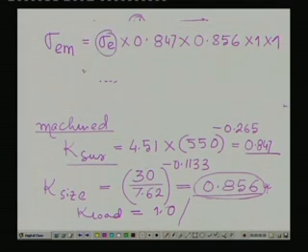This value we have chosen to be 0.5 into, how much, 500?